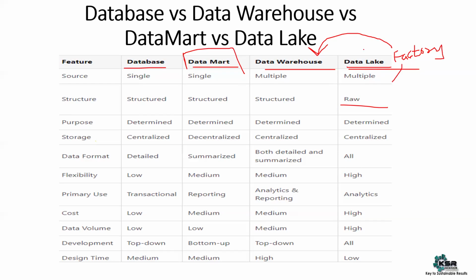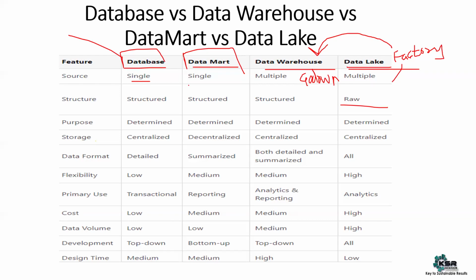Once the product is manufactured, it comes down to a godown. Godown is nothing but your data warehouse. And in a godown, all that information is kept in individual racks. Those individual racks are called data marts. And the database is nothing but a single product which is sold in a market. So in simpler terms, take this as the best example.